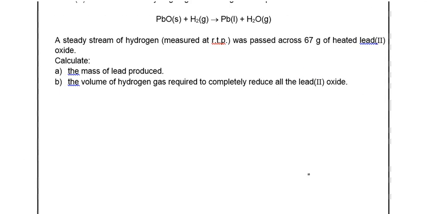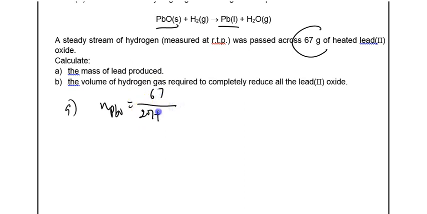Question number 3. I have 67 grams of heated lead(II) oxide here. What is the mass of lead produced? So same, the equation is already given. So part A, we calculate the number of moles of lead. Number of moles of lead oxide would be the mass divided by the molar mass, and I will have 0.300 moles.